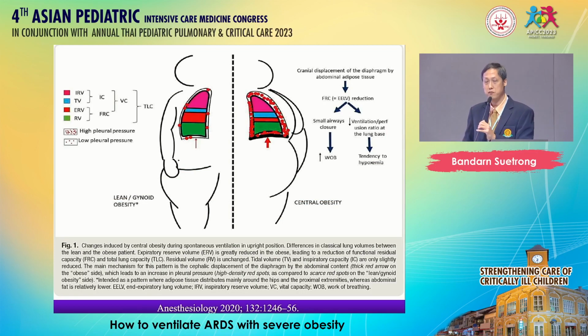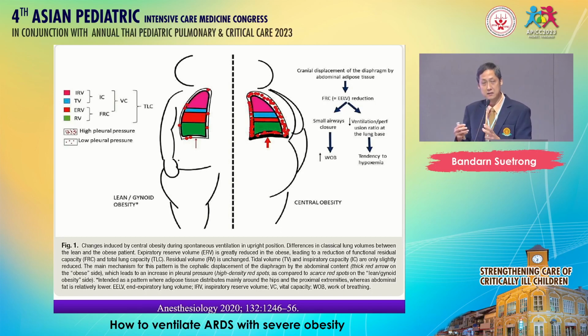Since patients with truncal obesity have a lot of adipose tissue, the visceral fat inside the abdomen, it causes higher pressure, which we call abdominal hypertension. As well, there is a lot of adipose tissue around the pleura, so there is a high pleural pressure that compresses the lung, making it harder to expand than in a non-obese patient.